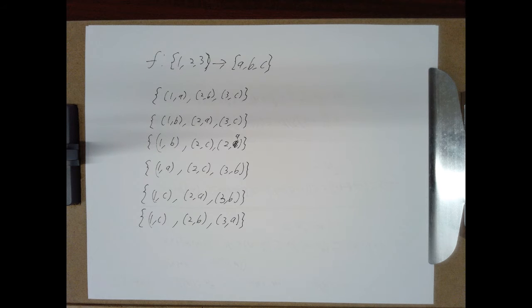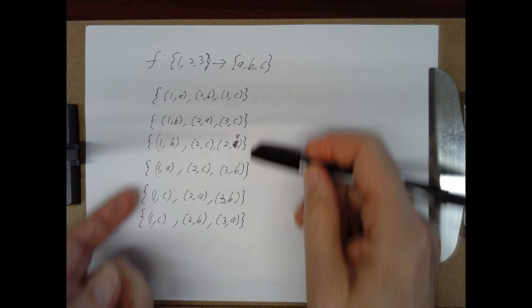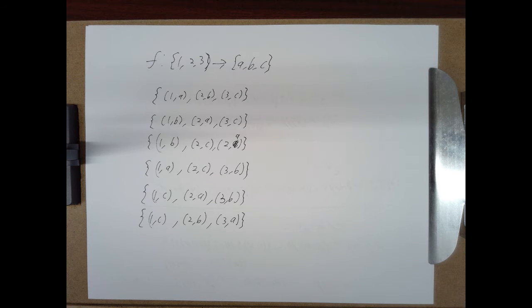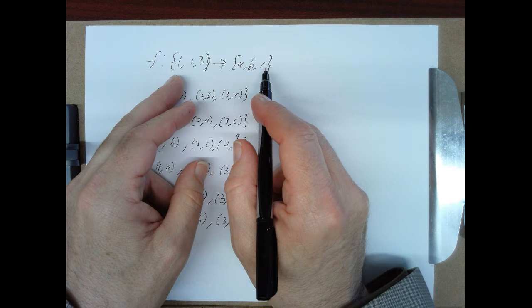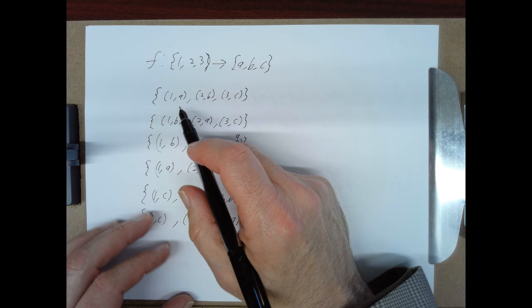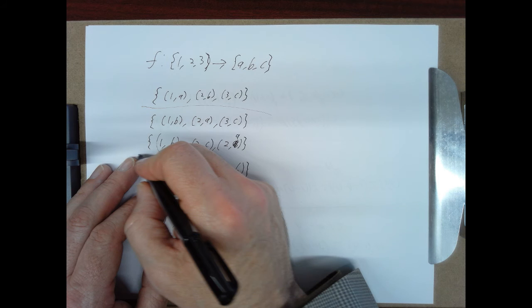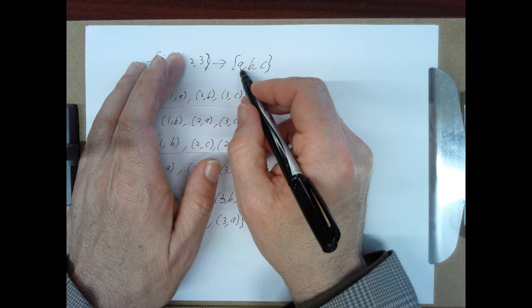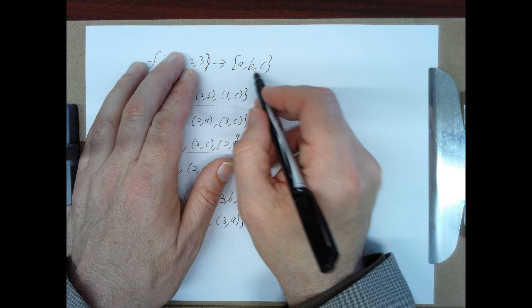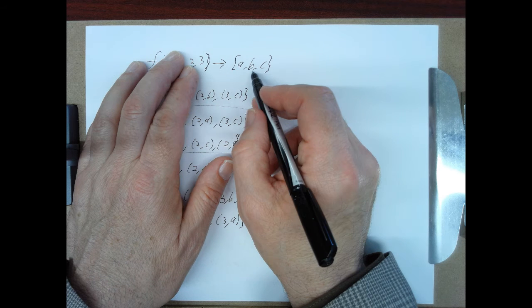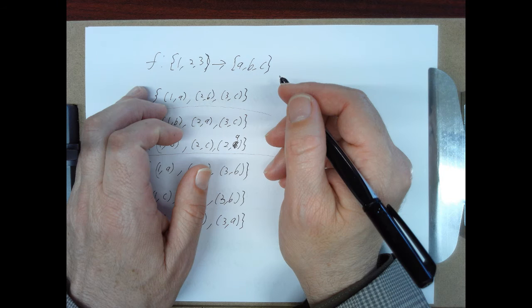How do we know if there's only 6? Well, the thought process I was doing in this at least was 1 has got to go to either A, B, or C, right? Suppose that 1 goes to A. Now 2 has to go to either B or C. And once we've decided what 2 goes to, 3 has to go to the other one, right?